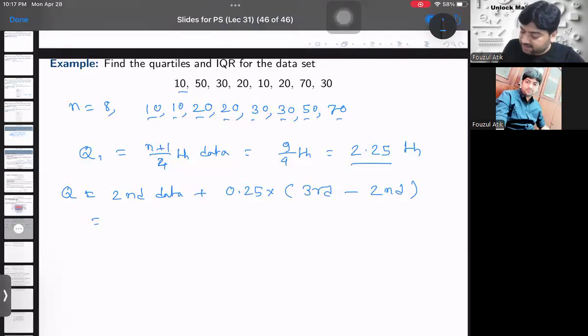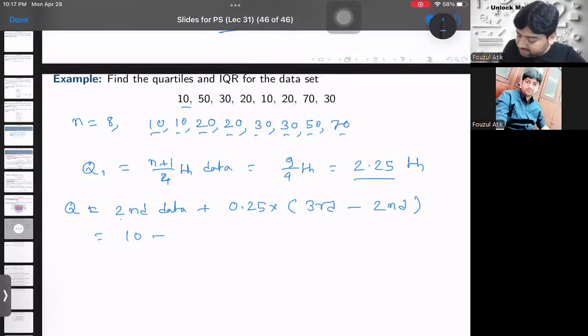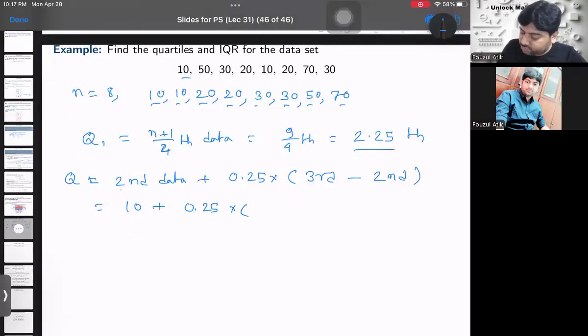The second data is 10, plus 0.25 times the third data, which is 20, minus the second data, 10. If you calculate it, it is 10 plus 2.5, which is equal to 12.5. So your Q1 value is 12.5 in this data.